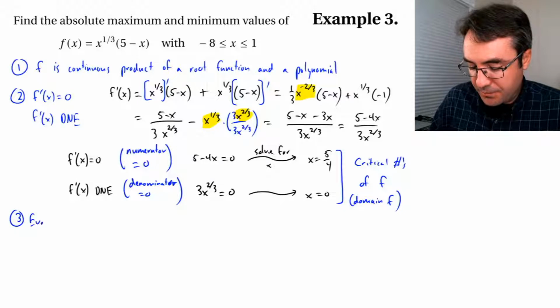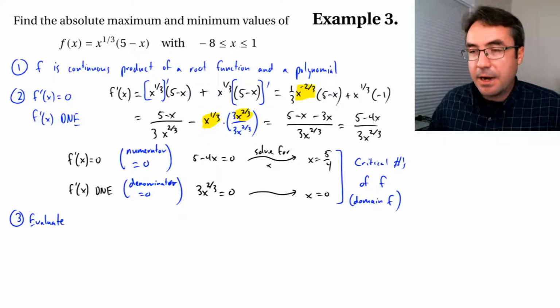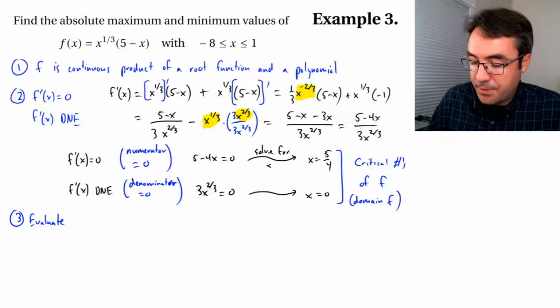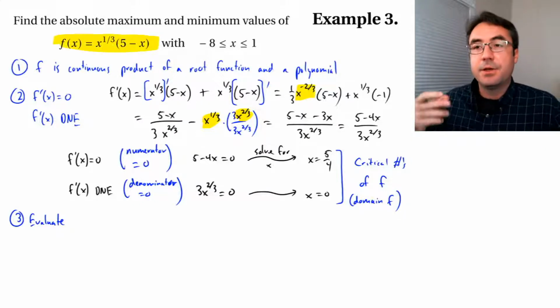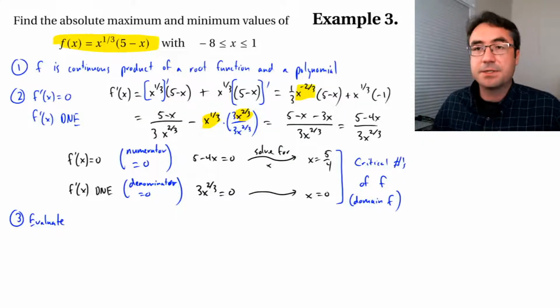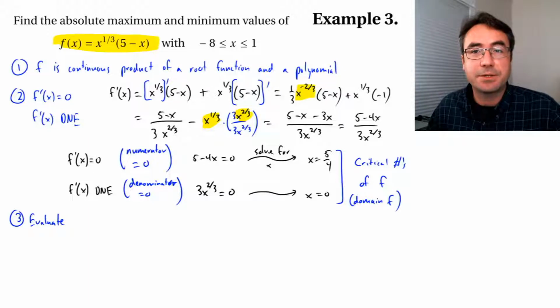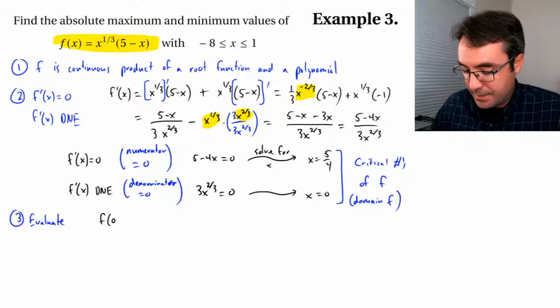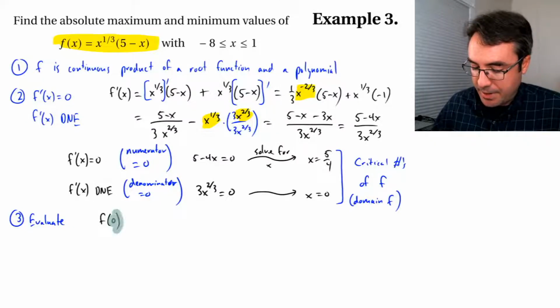Step 3 is then to evaluate our original function. So we're always going back now to our original function. We're going to plug in our critical numbers and we're going to plug in our endpoints of our interval. Those are the only possible places where we might have an absolute max or min. Let's start with our endpoints here.